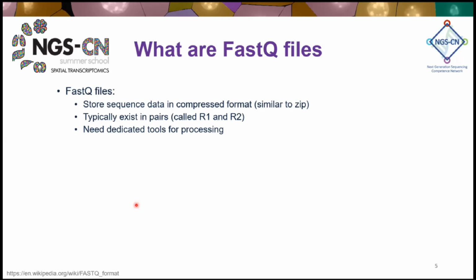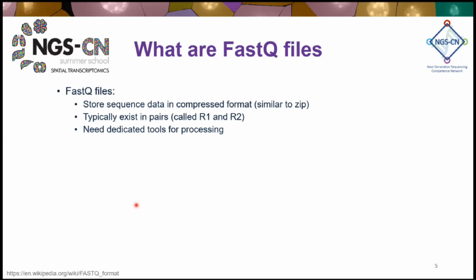Compressed means they are reduced in size, which is similar to zip. For example, when you have a big PowerPoint presentation and you don't have enough disk space on your USB drive, you can use zip to make it smaller, and this will help you. Similarly, FASTQ files are compressed to make them smaller.